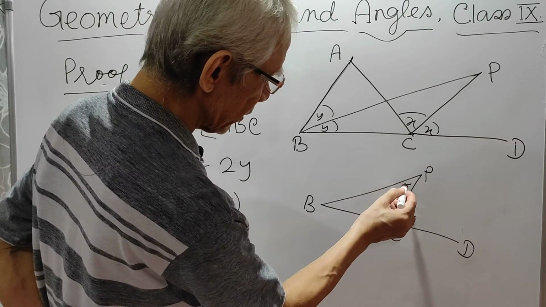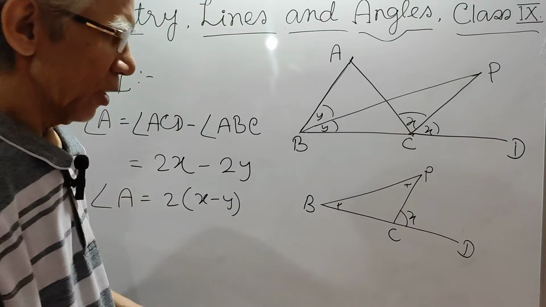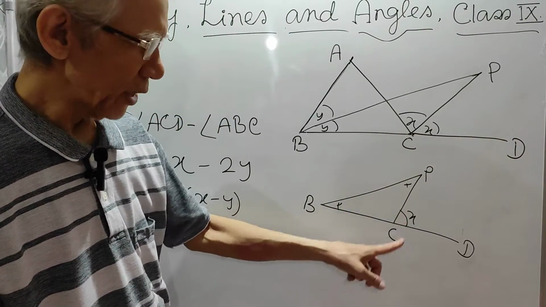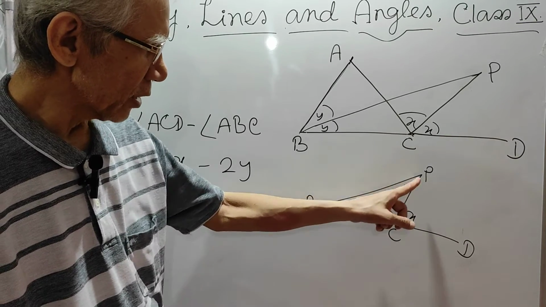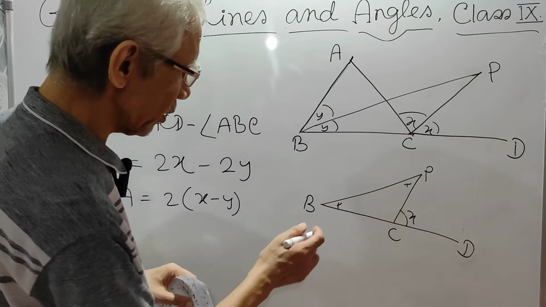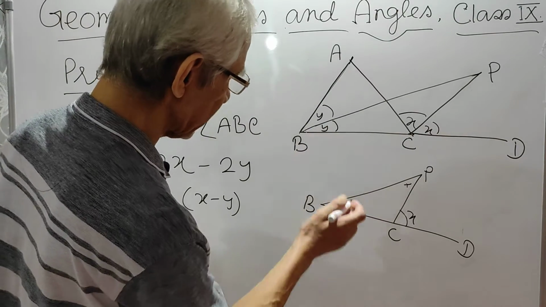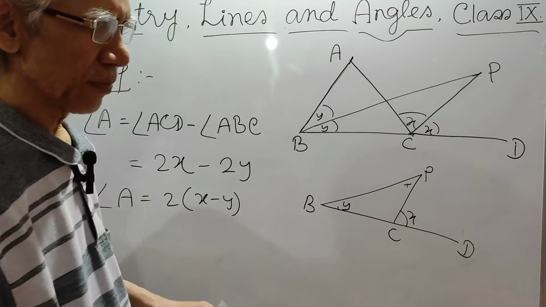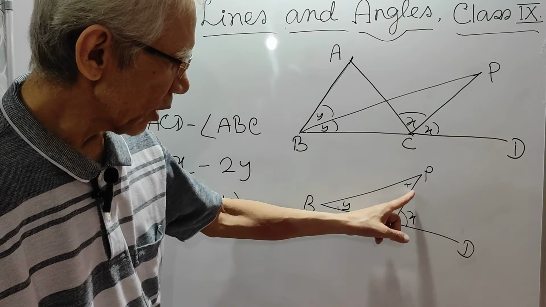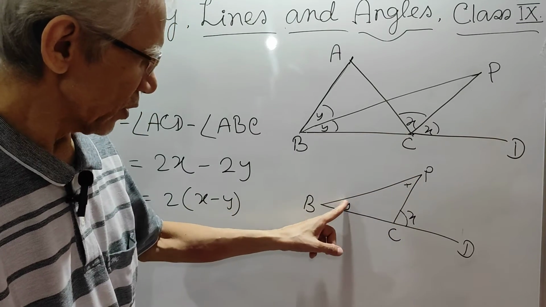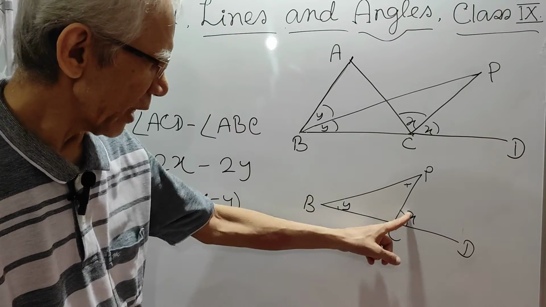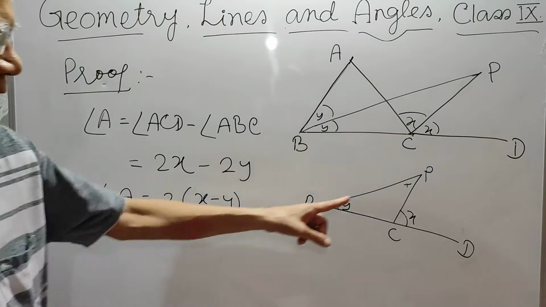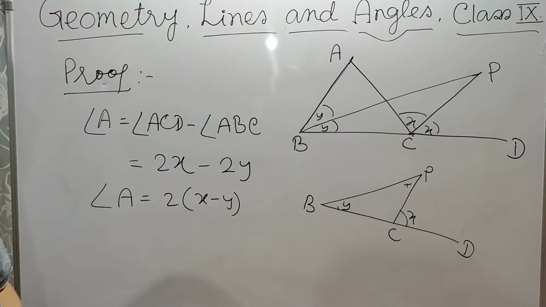That is equal to this plus this. So external angle is equal to sum of opposite internal angles. So x equals what? P plus B. Now B is y. This angle is y. So x equals this plus this. Therefore, this minus this angle P will be x minus y. X minus y will be angle P, isn't it?